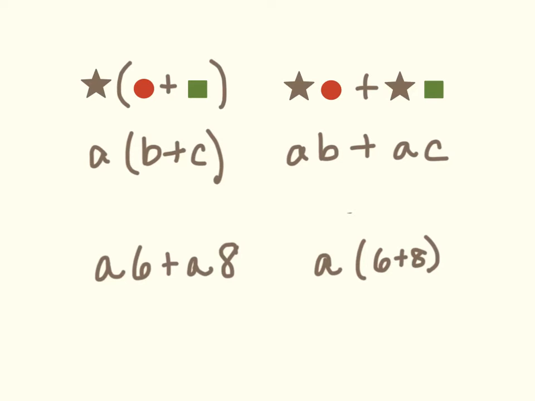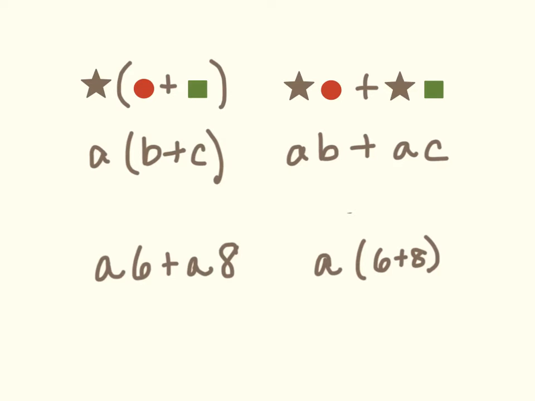So if I have a star on the outside and a parentheses, that means that I'm multiplying whatever is inside the parentheses by whatever is outside the parentheses. I don't know what that number is, but the star represents the number.